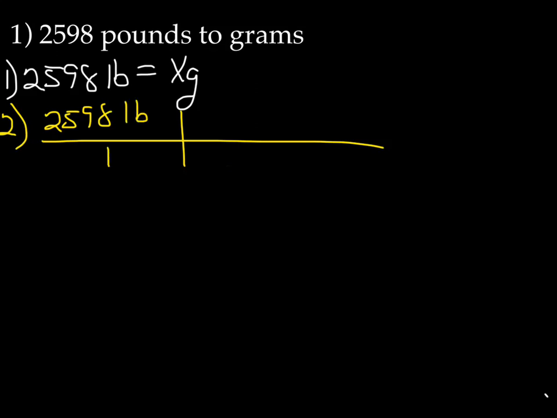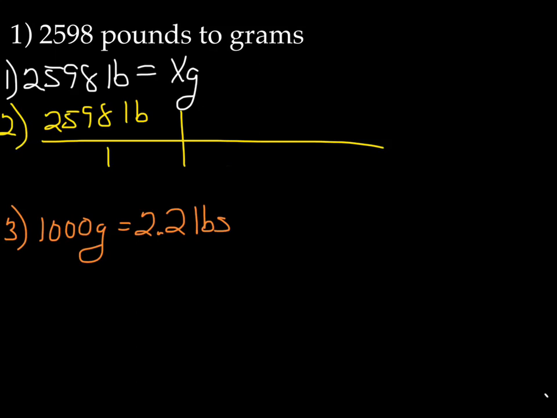And now I need to find an equality. I found the equality on the conversion factor table. I found it in the mass section, and there are 2 that you can use. I ended up picking the one on the bottom, the top row. So 1,000 grams equals 2.2 pounds.